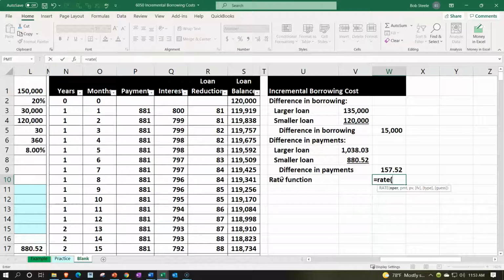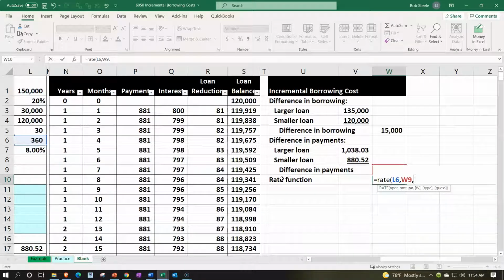The number of periods is going to be the 360, the full amount of the loan, 30 times 12 as normal. The payment amount is going to be the difference in the payments that we calculated in W6, comma, the present value.